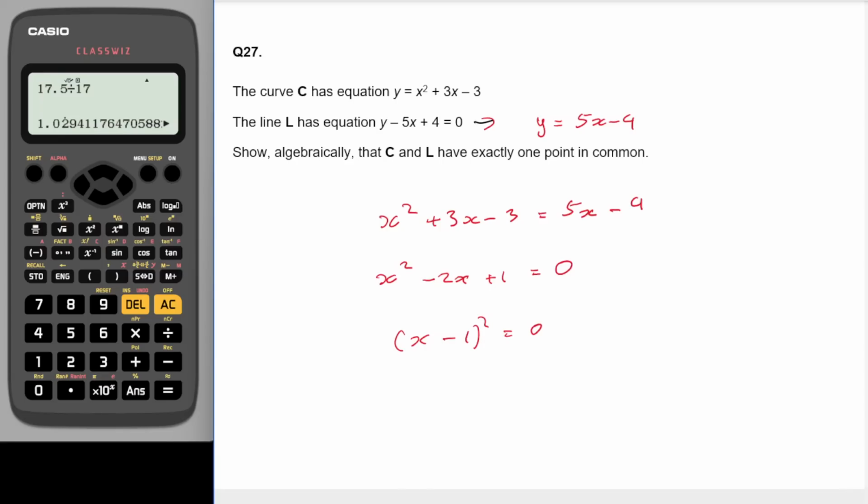So x only has one value, so x is equal to 1, which is a repeated root. So that means that in effect it's where it touches. So one solution. So 1 point in common.